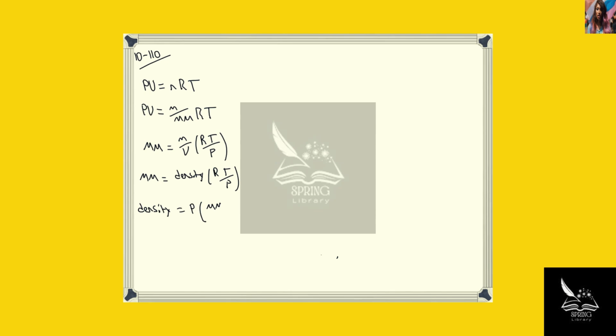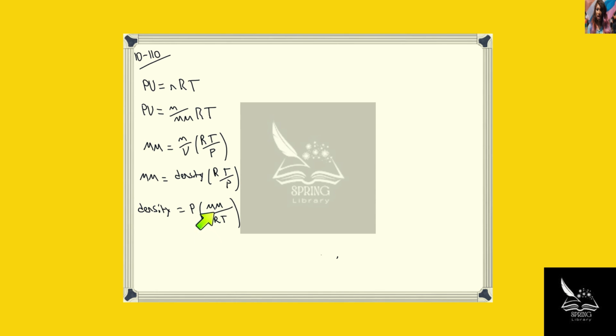So if I rearrange this equation using the appropriate units, I will get an equation that looks like this. So now if I were to plot the density as a function of pressure, this would be my slope.